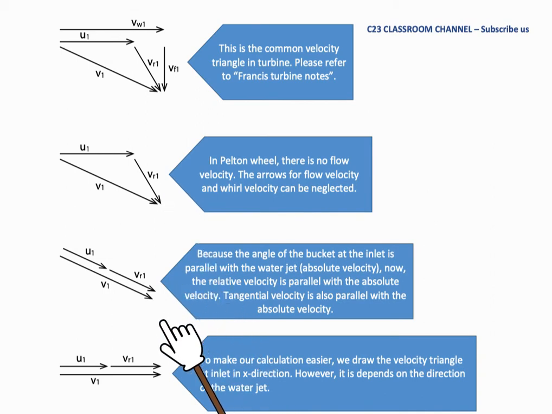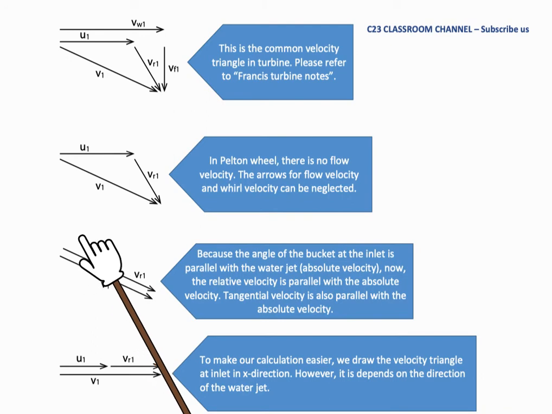And because the angle of the bucket at the inlet is parallel with the water jet, the relative velocity needs to be drawn parallel with V1. So we draw the component velocity VR1 parallel with V1, and U1 also needs to be drawn parallel with U1.